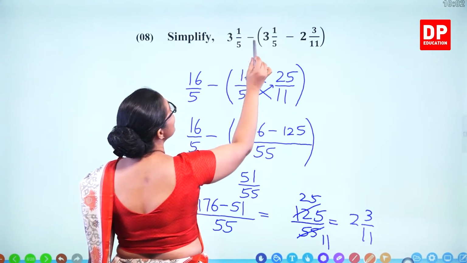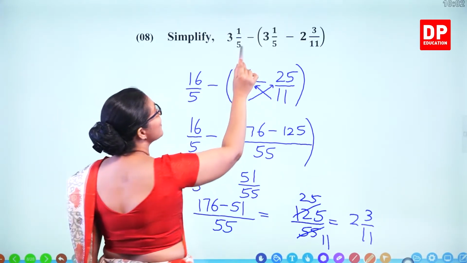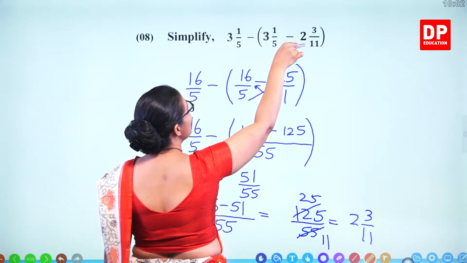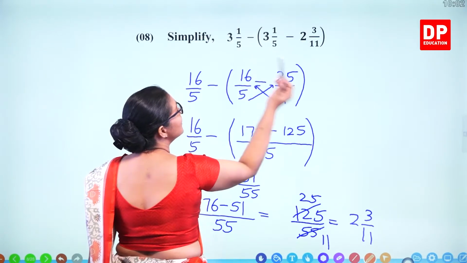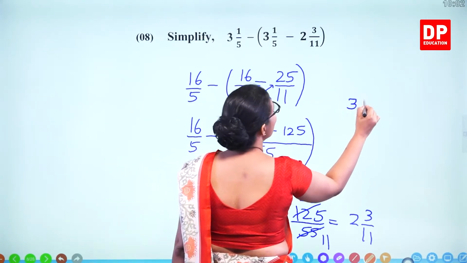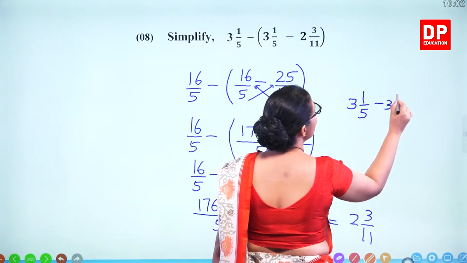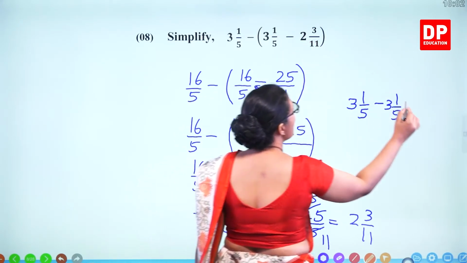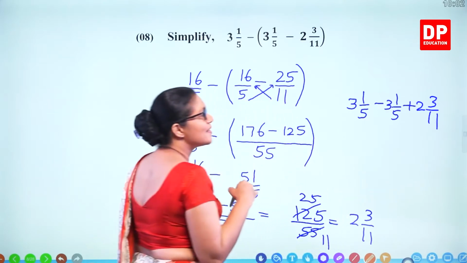You can see here, you can just subtract without using BODMAS. Same value here, so you get the answer at once. 3 1/5 minus 3 1/5. Minus into minus becomes plus. See that?